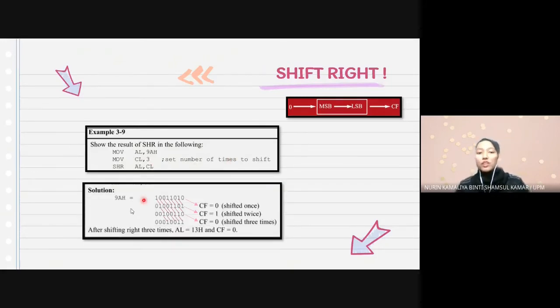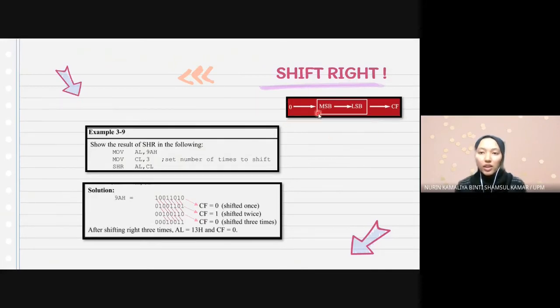So the solution here is when we expand 9AH into binary form, we get 1001 1010. So we shift to the right bit by bit. Note that the end on the right is the LSB and the end on the left is the MSB, like I have noted up here.